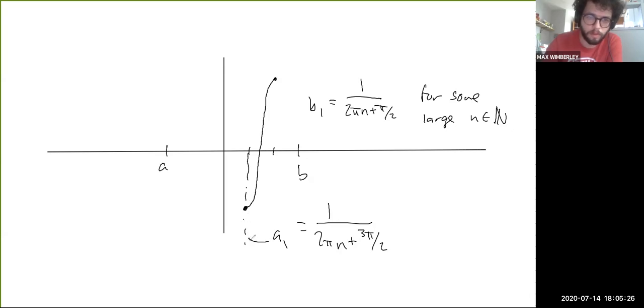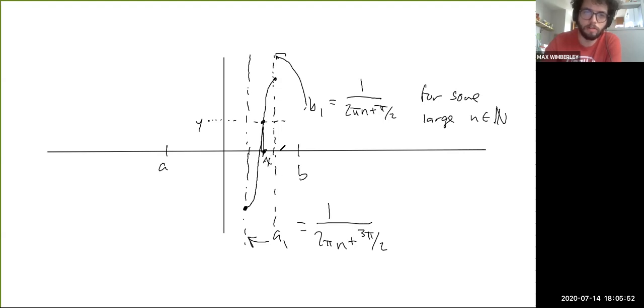This is A1, and this is B1. Then what we did was, let's say y is here or something, we found x inside this interval (A1, B1), right?